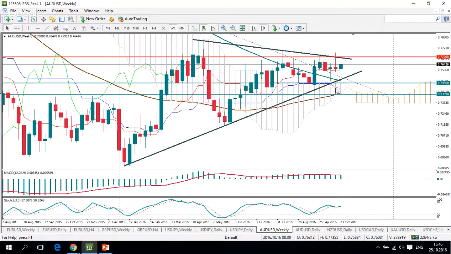Lower inflation is an obstacle for the Reserve Bank of Australia to start tightening monetary policy, and this is an argument for lower levels of the Australian dollar, which has actually stayed rather high in the past weeks.